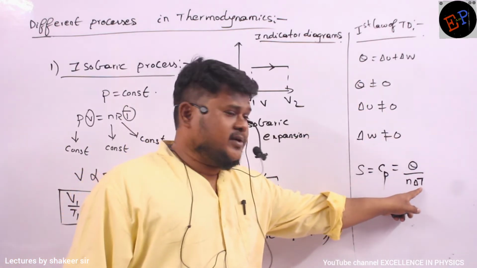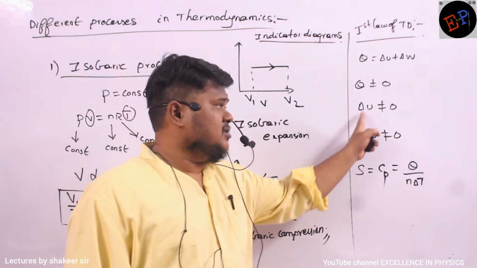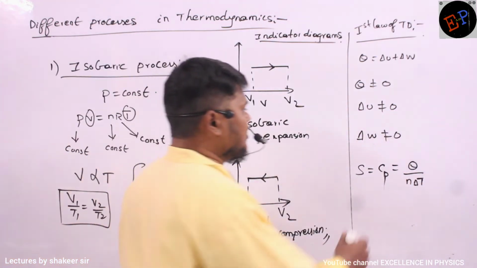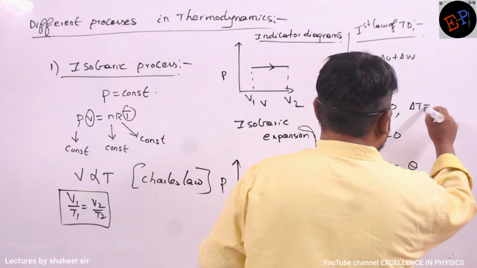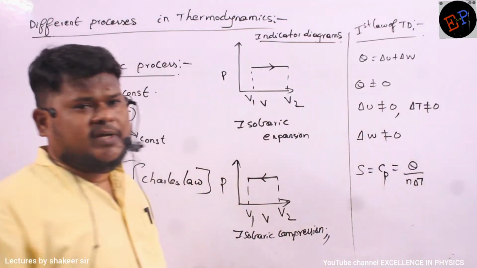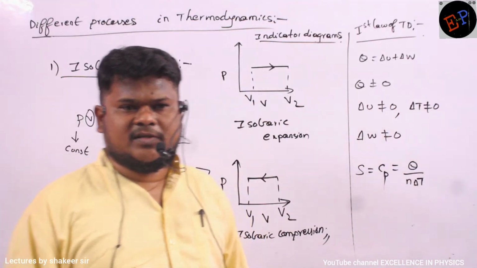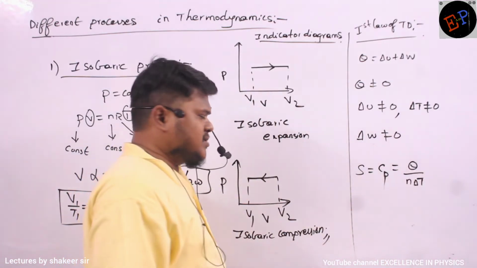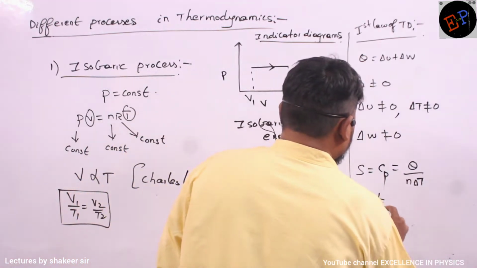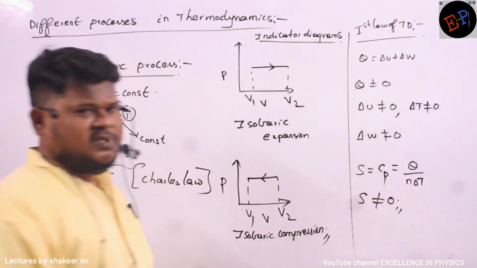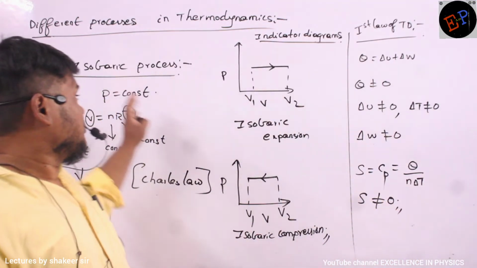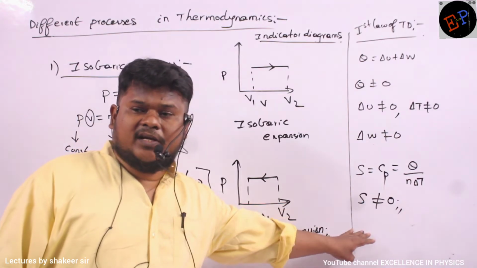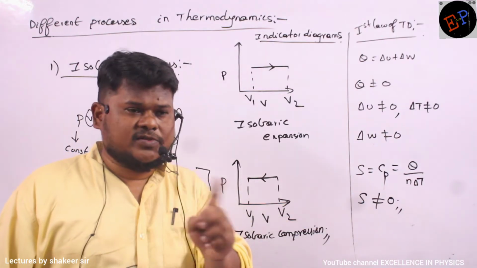No. Delta T, is it zero? No, because change in internal energy is not zero. If delta U is not zero, delta T also is not zero. Temperature will definitely change. That is the meaning of it. Okay, ma? So Q is not zero, delta T also is not zero. So I say specific heat also is not zero. That's all, no? So in an isobaric process, the specific heat of the gas cannot become zero.